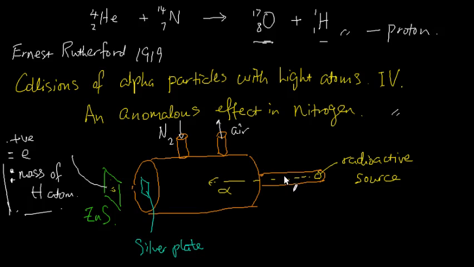In other words, Rutherford had changed the elements from nitrogen to hydrogen and oxygen as well. So he achieved something that alchemists had for centuries tried to do, which is to change one element into another.